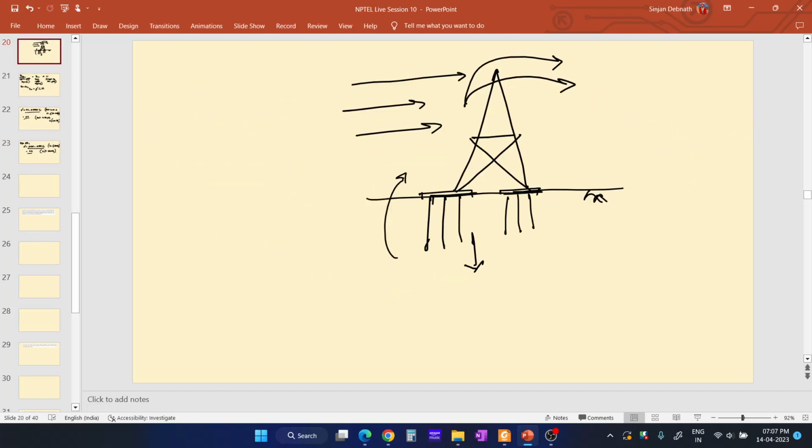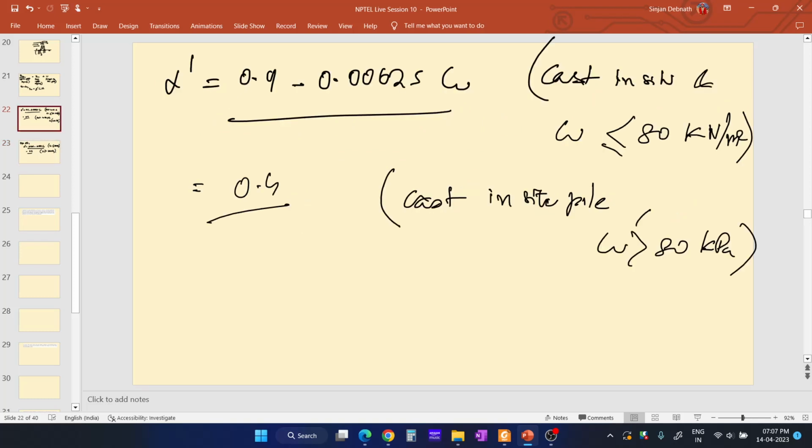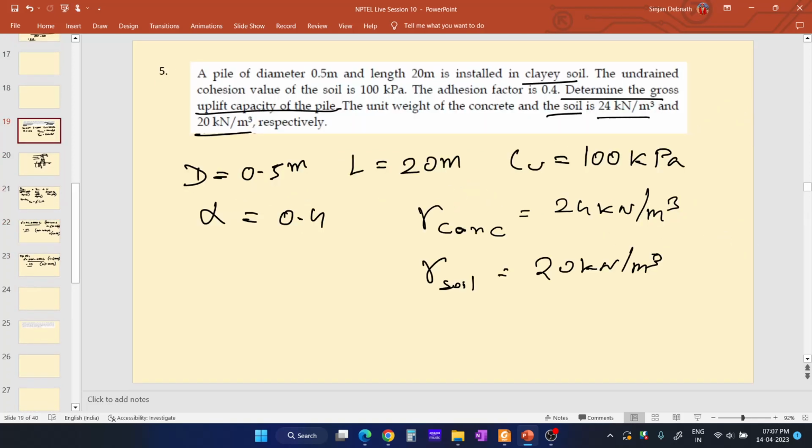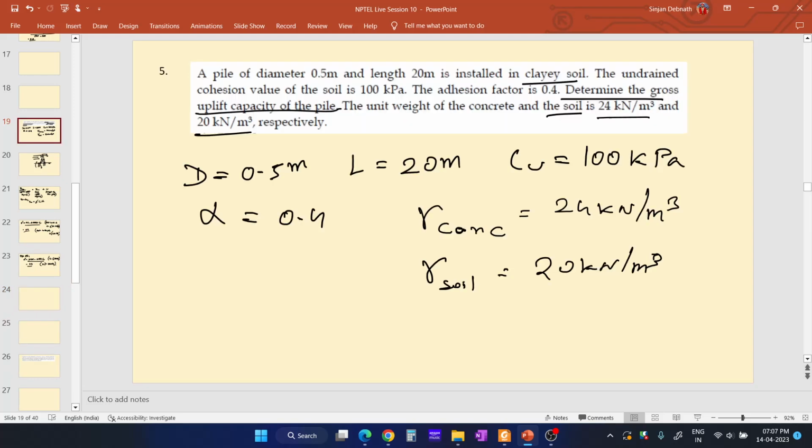So this is the problem. We need to find out the gross uplift capacity of the pile. In this particular question the soil is clay soil.